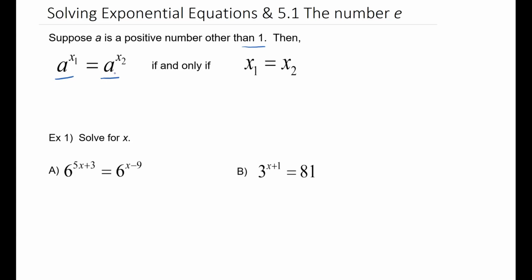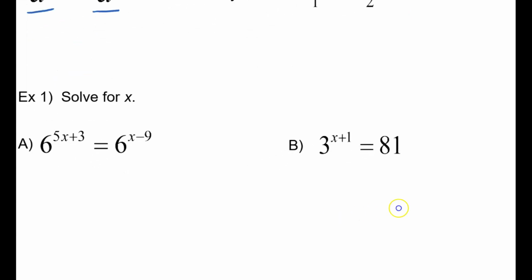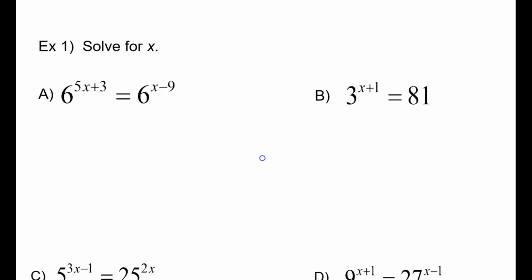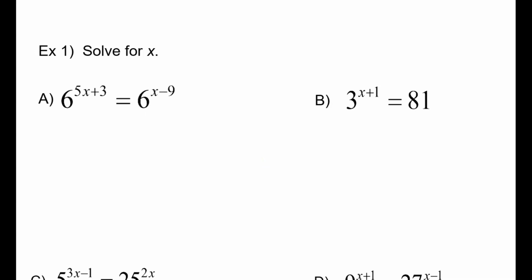Yes. All right. So we have 6 raised to the 5x plus 3 is equal to 6 raised to the x minus 9. So this one is nice in the fact that the bases are already the same for us. There's a base of 6 on each side, which means the exponents must be equal.